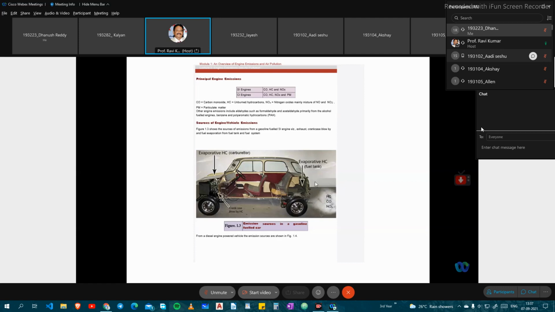Remember that an SI engine emits CO, HC and NOx from the exhaust, and evaporative hydrocarbons go to the atmosphere through the fuel tank and the carburetor. These are the major emissions from spark ignition engines, meaning petrol engine cars.